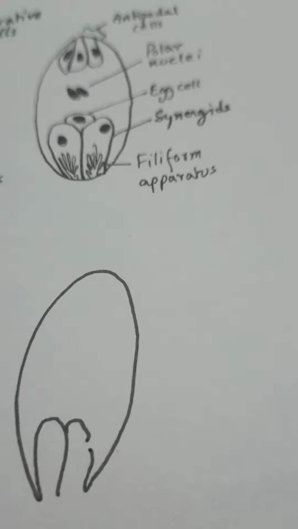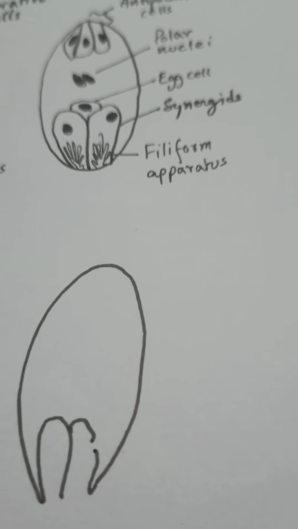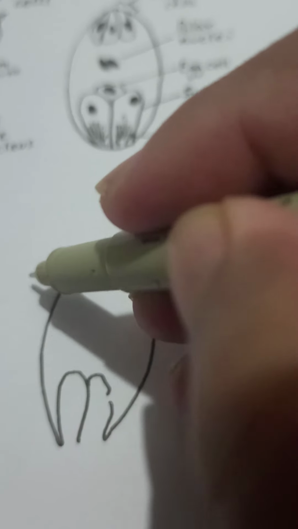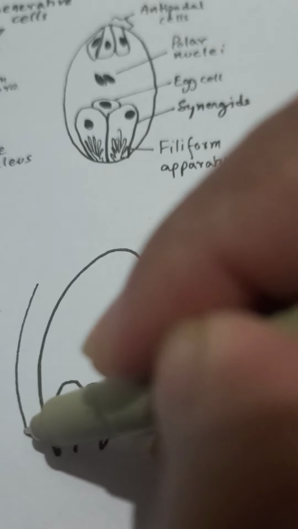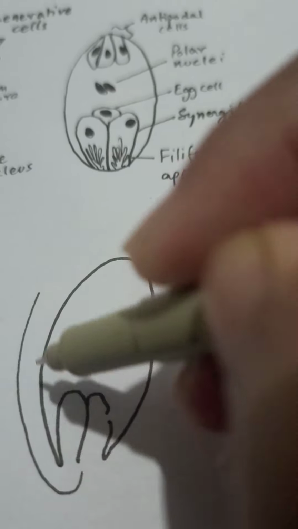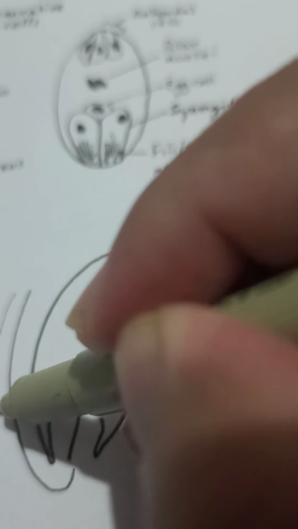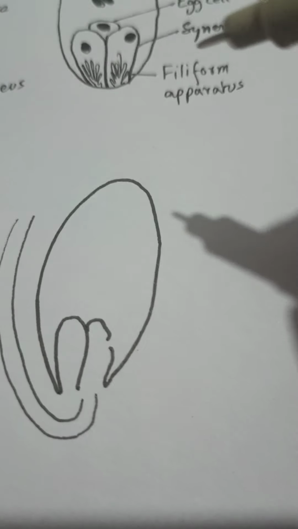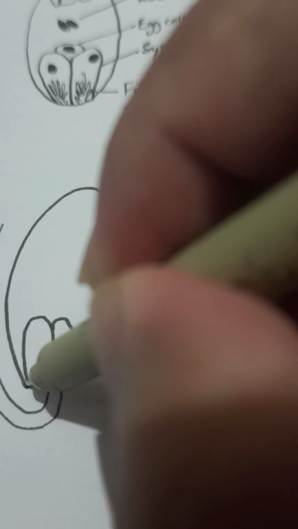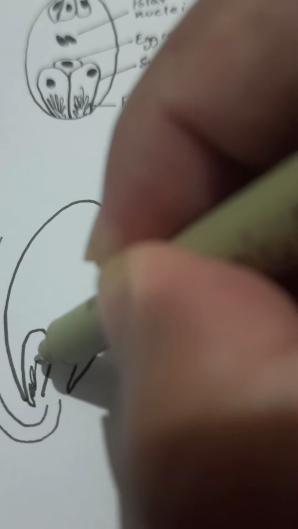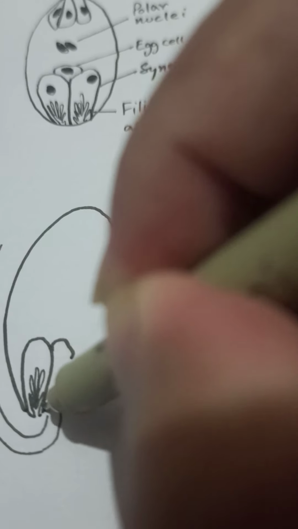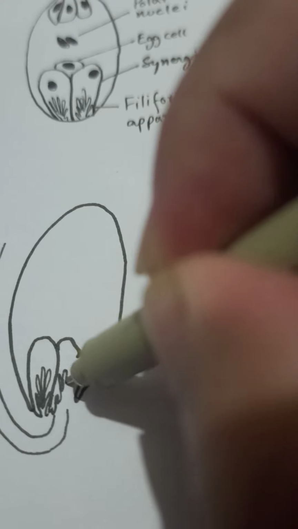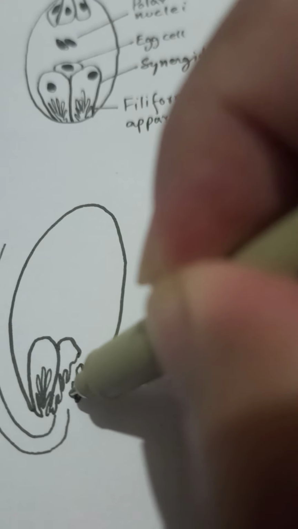So the secondary role the synergid plays is that the moment this pollen tube comes here, it will look for a direction to enter inside. This filiform apparatus is going to give that direction. What will happen is that the filiform apparatus will now form a tube-like structure like this.